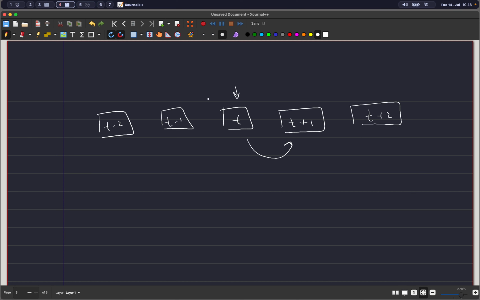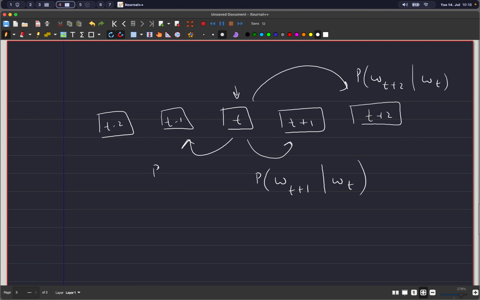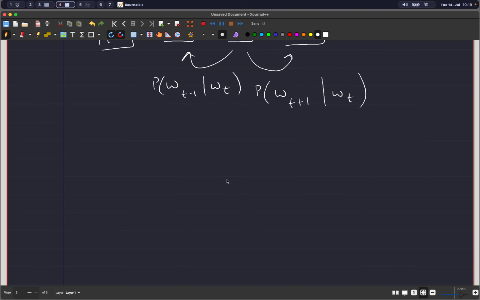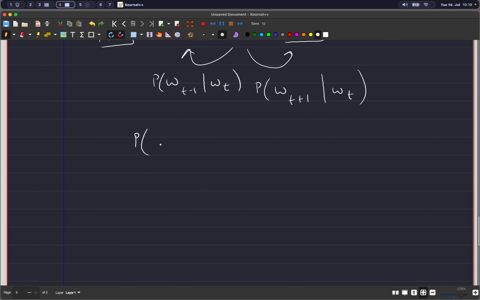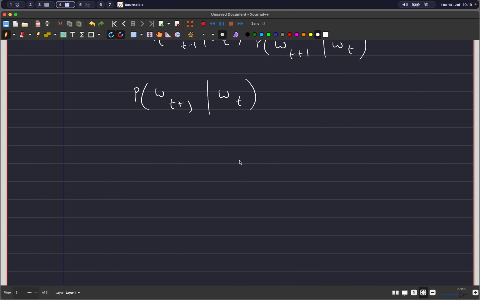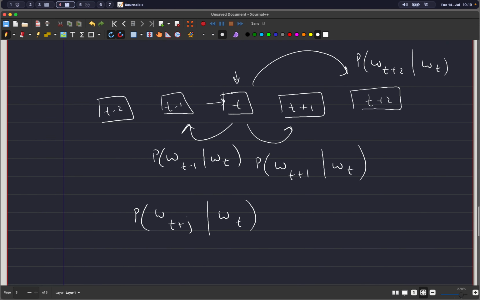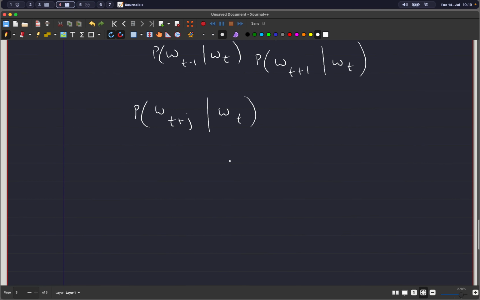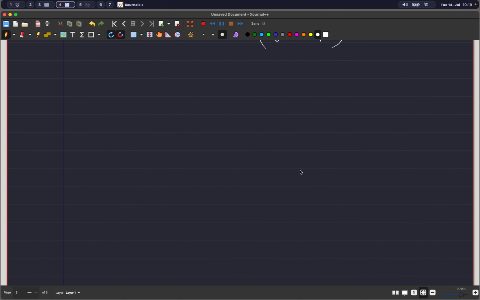Looking at the T plus 1 word, we want to find the probability of WT plus 1 given the word T. Similarly, we want the probability of WT plus 2 given the word T, and the same goes for WT minus 1 given the word T. To write it more generally, we want to compute WT plus J given the word T. This is done for each T in the corpus, so we keep moving the center word across the entire corpus, for each token in the entire piece of text that we have.